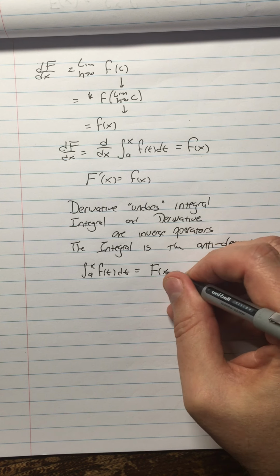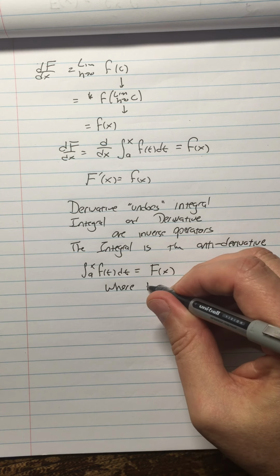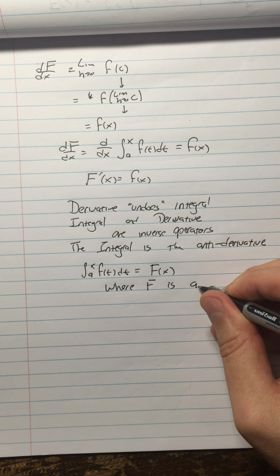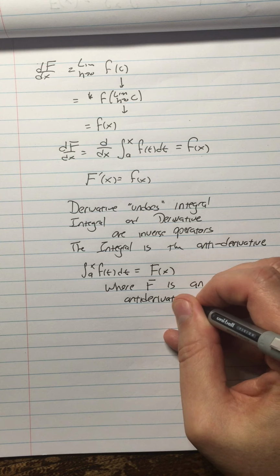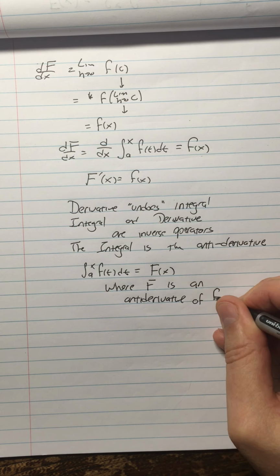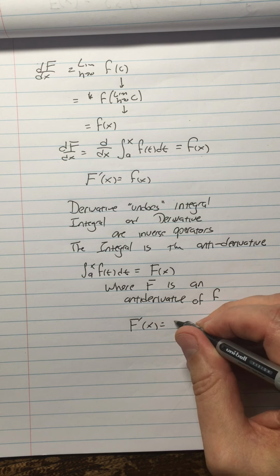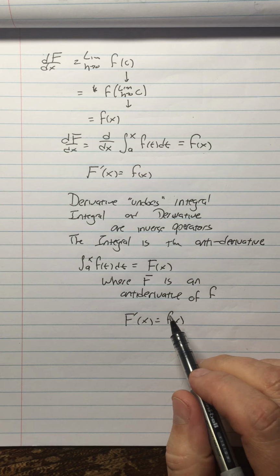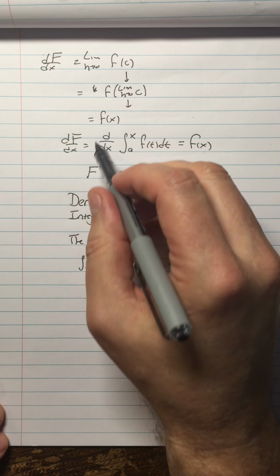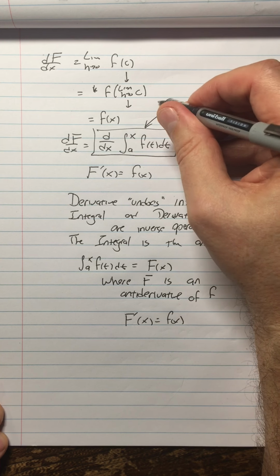It's equal to capital F of x, where capital F is an antiderivative of f. That is to say, capital F prime of x equals f of x. All right, so this is a conclusion that's sort of interesting. This part right here is called the fundamental theorem of calculus part 1.